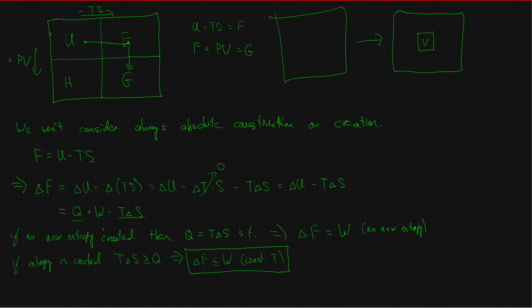Oh, that's a good question. So this work at this point in time can be anything. But you could break it down into what you call other work and quasi-static compression work. So you could break this down into W other plus, or I guess minus, P delta V, right?